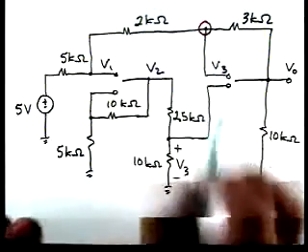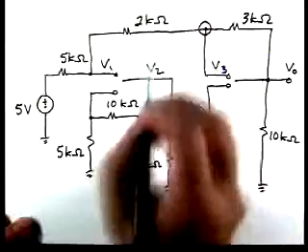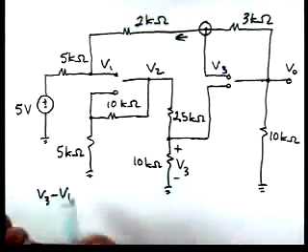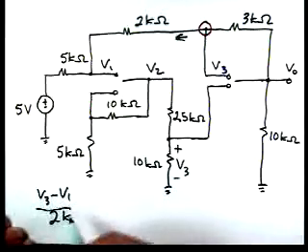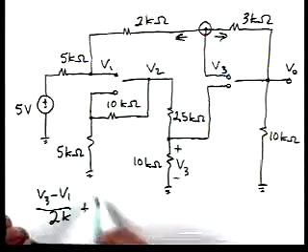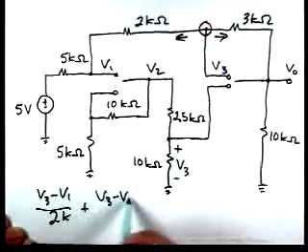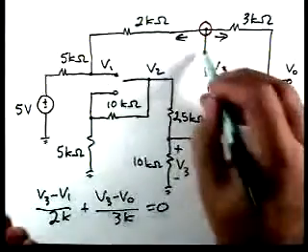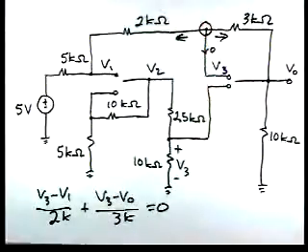So now we'll have, flowing this way, V3 minus V1 over 2K plus the current leaving through there is V3 minus V0 over 3K. And that's 0, because again remember that current at that point is 0.